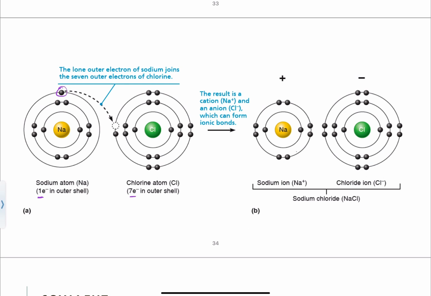So here's what it's showing you after the transfer. We see now that sodium gave away that lone electron out here. This is our new valence shell, and it does have 8, so it fulfills that octet rule. If we look at chlorine, this is its valence shell that originally had 7 electrons. Now it has 8, so it's super happy and it's stable.